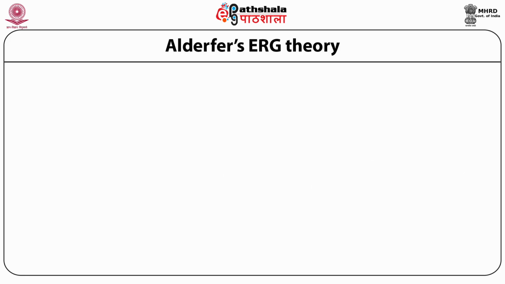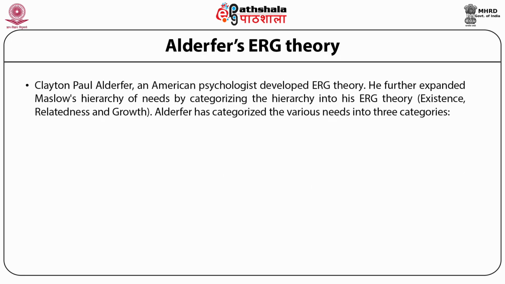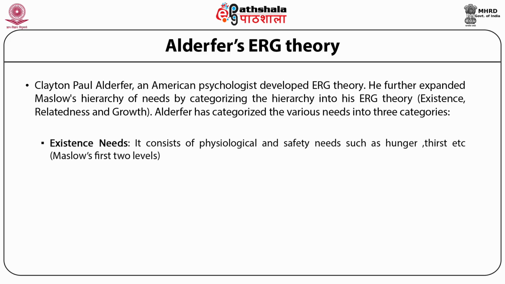Alderfer's ERG theory. Alderfer, an American psychologist, further expanded Maslow's hierarchy of needs by categorizing the hierarchy into the ERG theory. He categorized the needs into three categories: ERG, that is existence, relatedness, and growth needs. Existence needs consist of Maslow's first two level needs, that is physiological and safety needs.